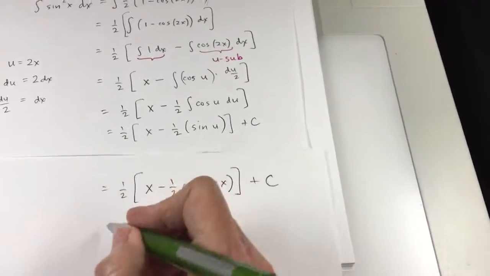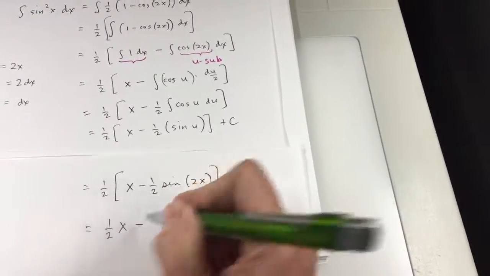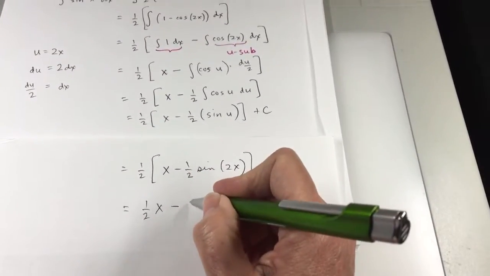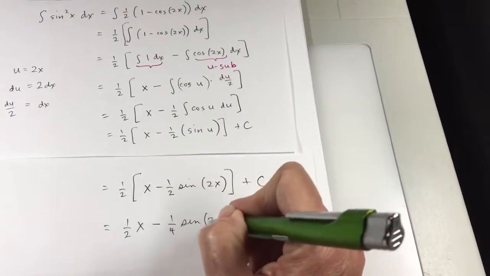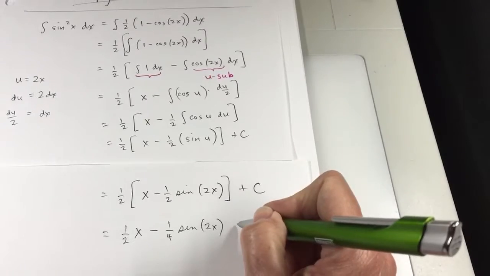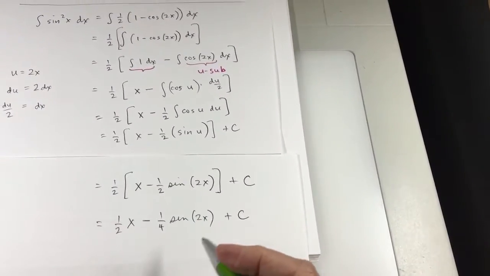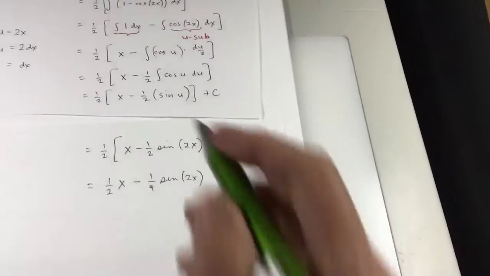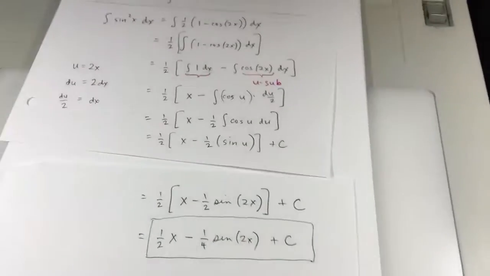This 1/2 that's on the outside, I will go ahead and distribute it. You could keep it on the outside if you want. 1/2 x minus 1/4 sine 2x plus c. Okay, and that is what I will call my final answer for this one.